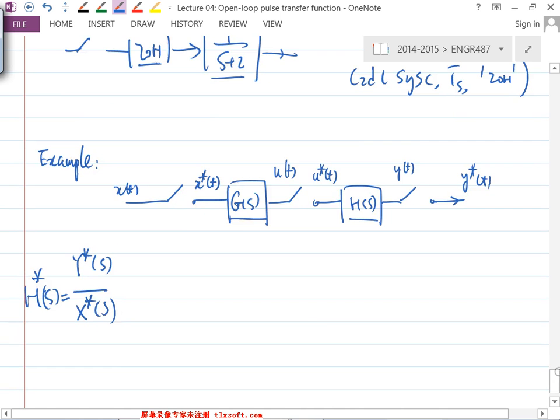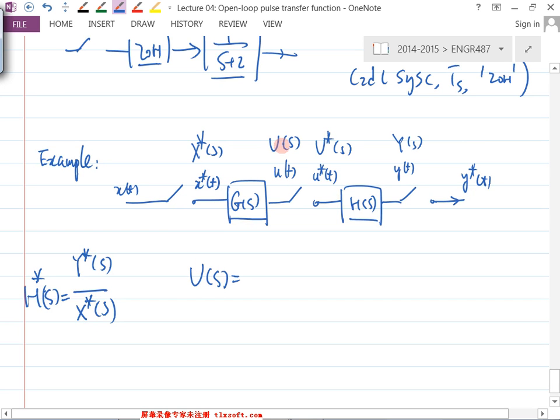Going backwards, or it doesn't matter. What you can do now is write this as x star of s, u of s, u star of s, y of s, something like that. So between each block, what is u of s?